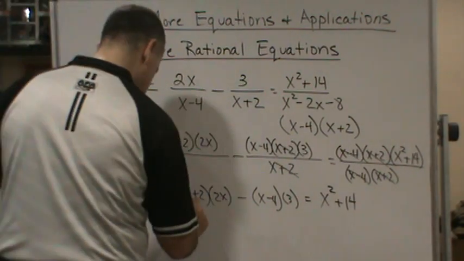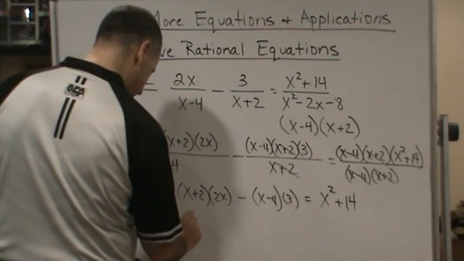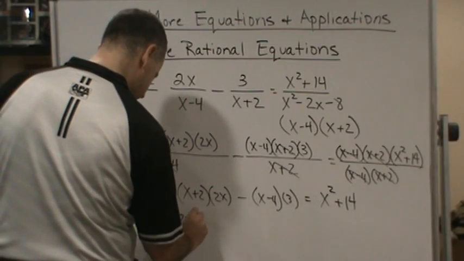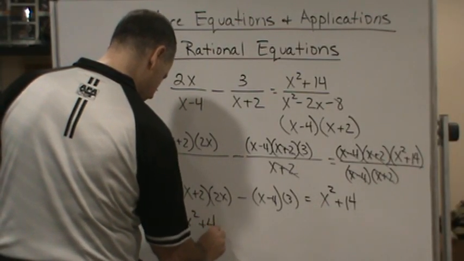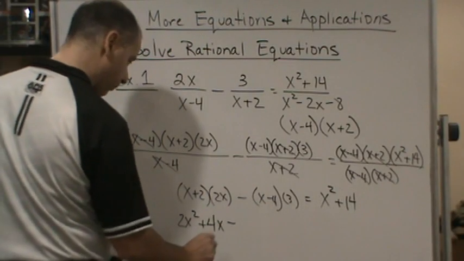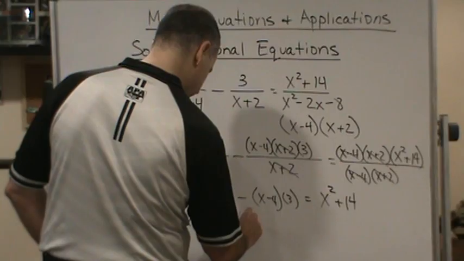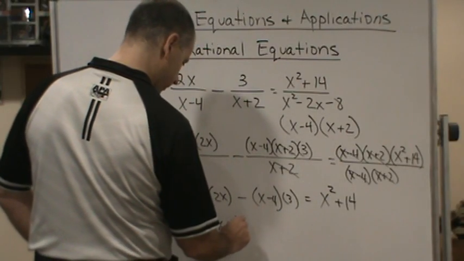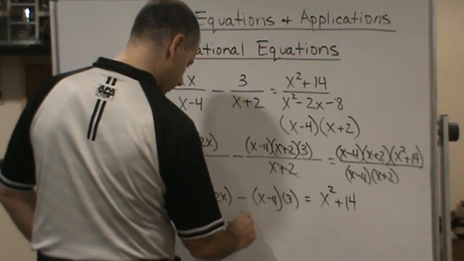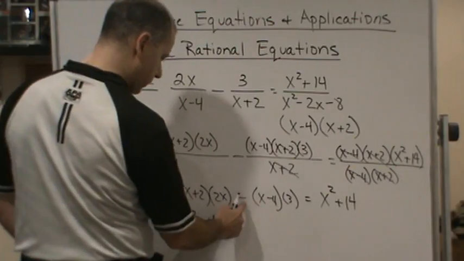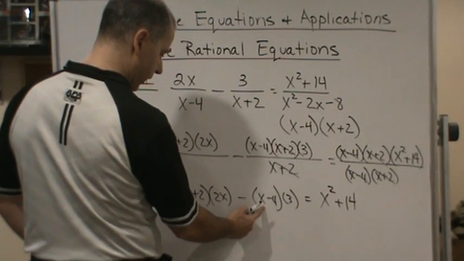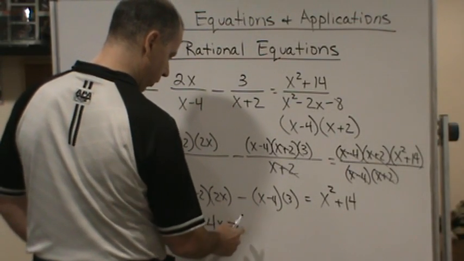That'll give me 2x squared plus 4x minus, if I distribute the minus, minus x plus 4.